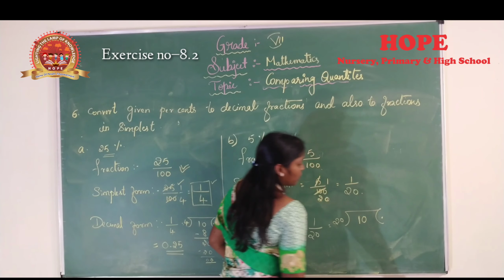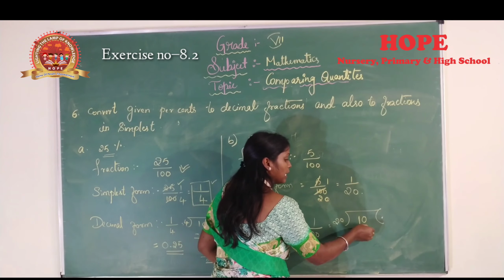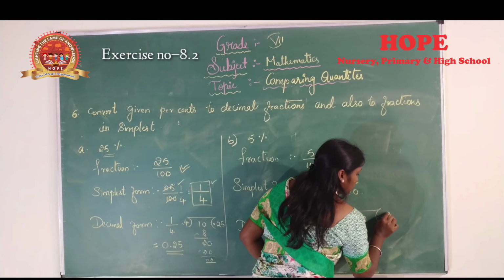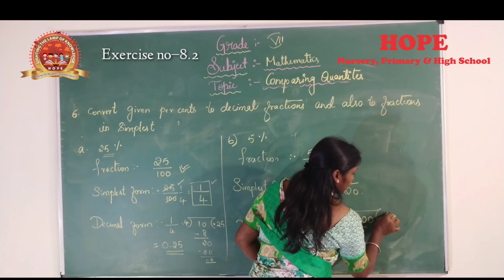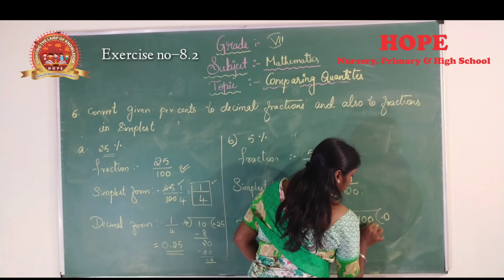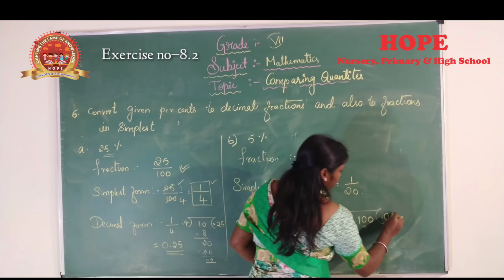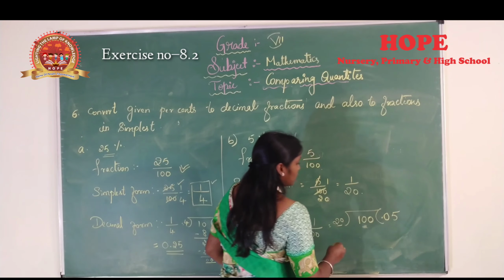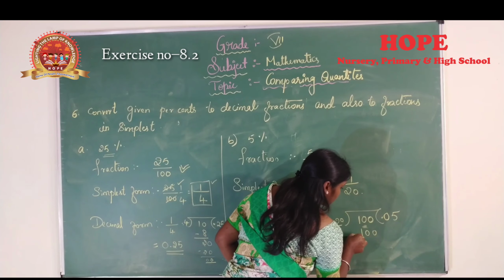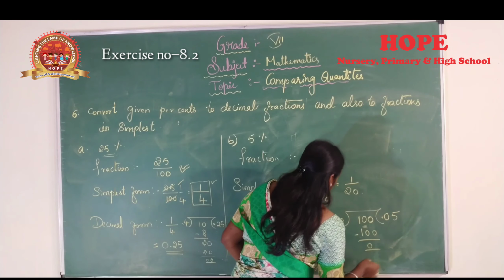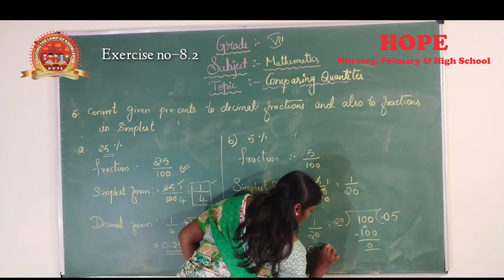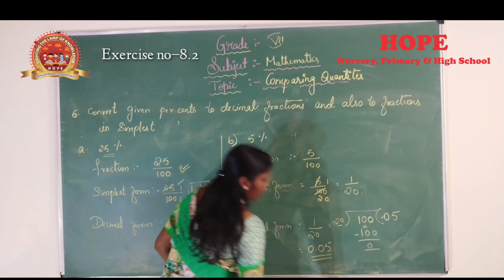We are eligible for taking 0. But still 10 is less than 20. So we will put 0 over here and here. We will take 1 0 over here and here. So 20 25s are 100. So the decimal form of 1 by 20 is 0.05. This is how we solve.